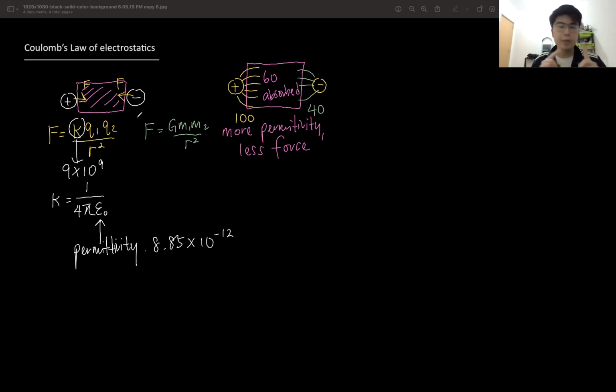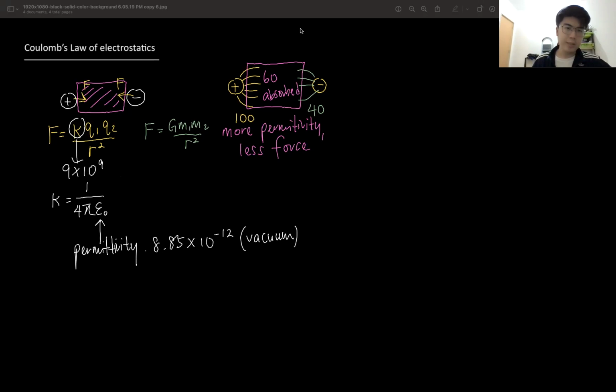So they fixed that. They found that the permittivity for vacuum, or air, we can use the same for vacuum and air, is 8.85 times 10 power of minus 12. And you put it in here, you get the constant 9 times 10 power of 9.